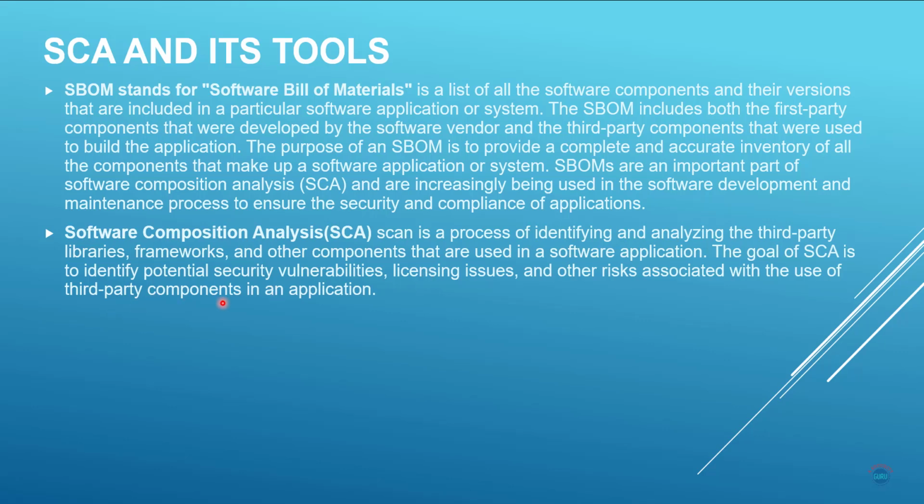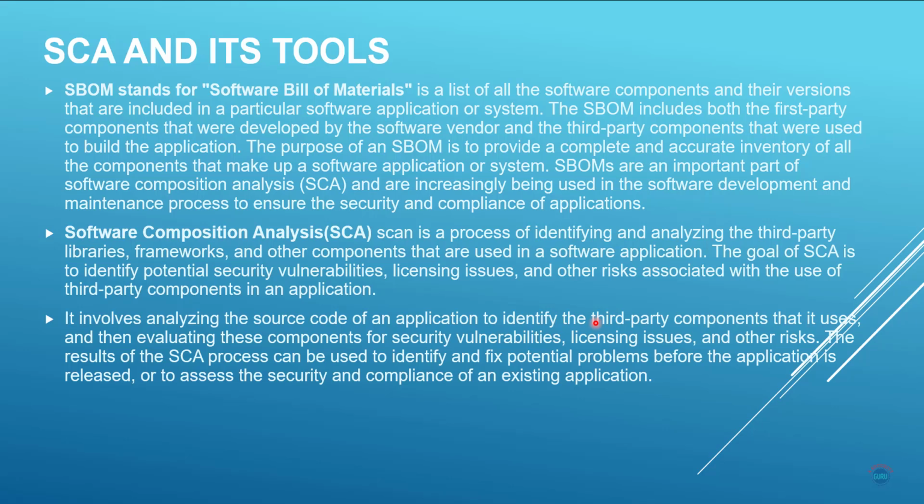So it means that SBOM will provide us a list of first-party and third-party components that are being used in the application, and software composition analysis scan will use that list and will identify security vulnerabilities in third-party libraries or components. I hope now it's clear for you what's the difference between SBOM and SCA. SBOM will be an input to SCA.